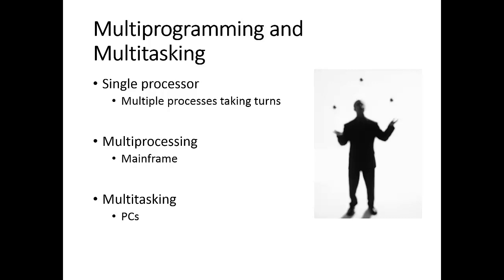Usually on PCs, we do this, and it's called multitasking. And things are changing a little bit because now we're talking about processors with multi-cores and so on. So we don't really have to worry about this too much because you're not limited to only one processor anymore.